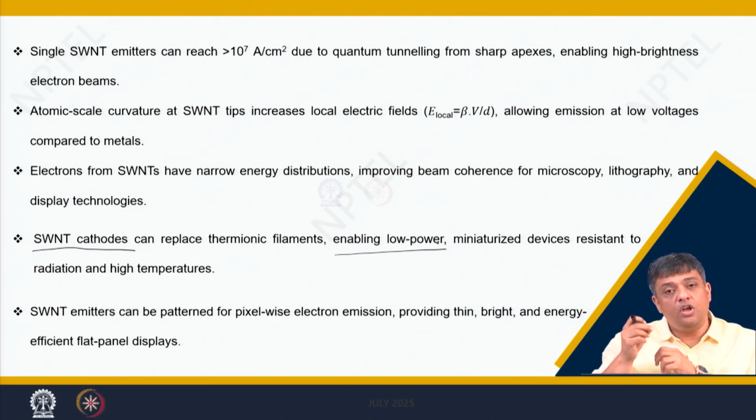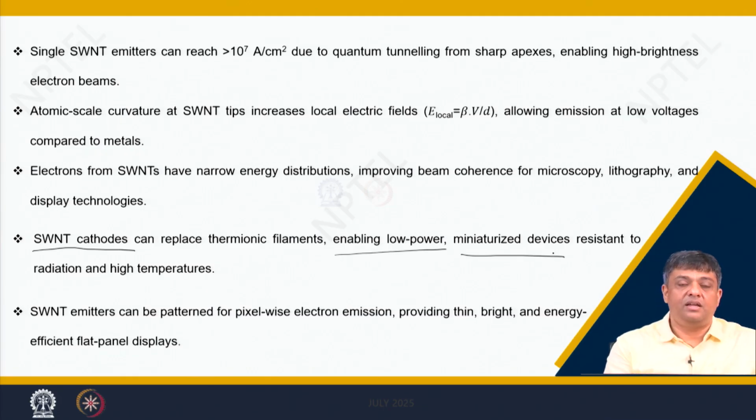That means you need lower voltages. Hence, you can miniaturize the device, and you can also see that such systems, because they are very stable to temperatures, can also operate up to high temperatures.